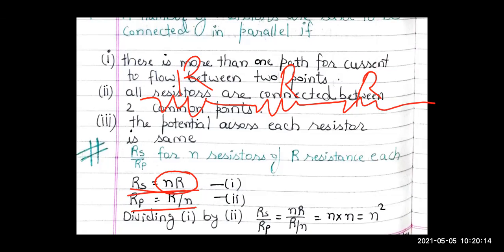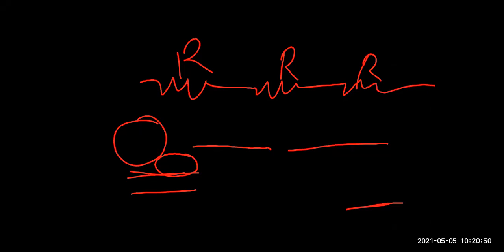Suppose you want to find the value of RS by Rp when you are having n resistors and all have the same value R. If you divide equation 1 by 2, nR upon R by n. n will go up, R and R will get cancelled, n into n is n square. So this is the ratio of RS by Rp when you are having n resistors which have value of R ohm. Okay. So this is it.